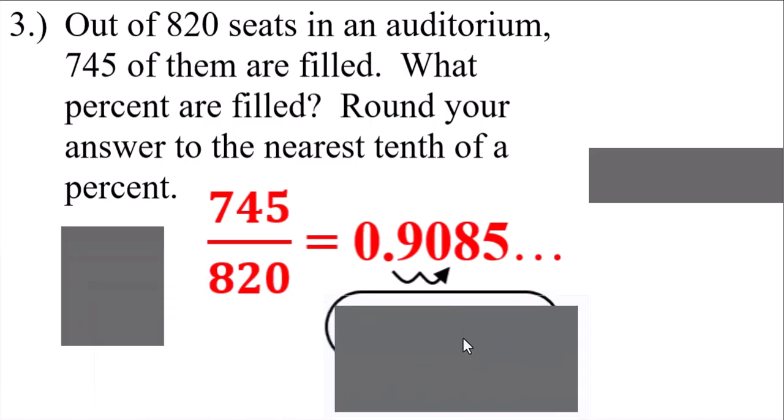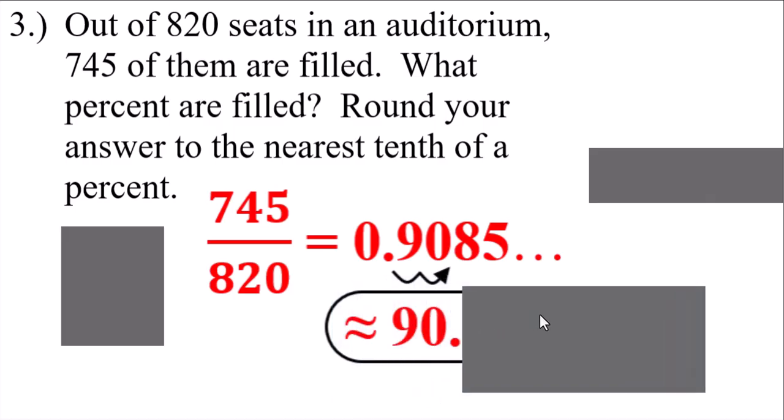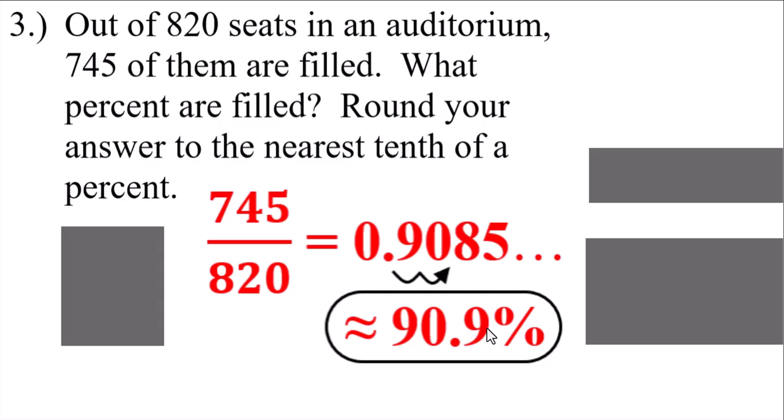So here's what I'm talking about. You move the decimal point 2 places to the right. Then you round to the nearest tenth of a percent. We're talking rounding the percent to the nearest tenth, not the original decimal to the nearest tenth. Since the 5 is 5 or more, that's going to round up the 8 to 90.9%.